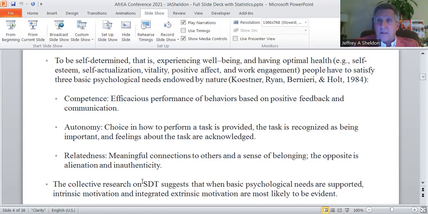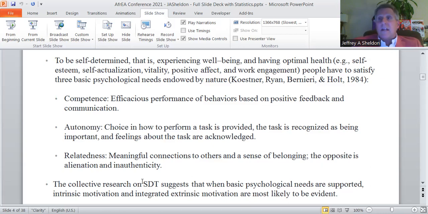But then you have this feeling that you are competent, that you're able to behave and do things to a really good effect. Then there's autonomy, which means that you can choose the kinds of tasks you want to perform.